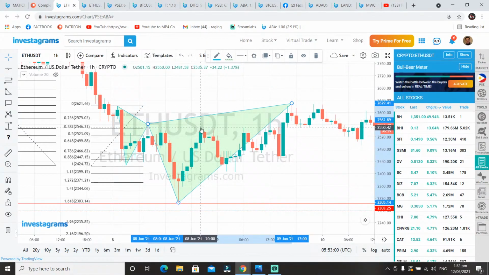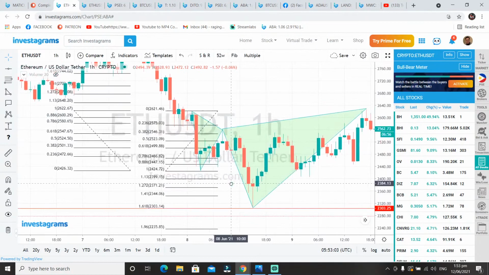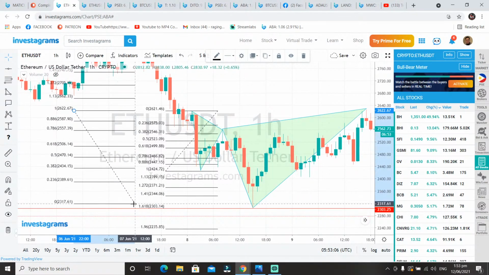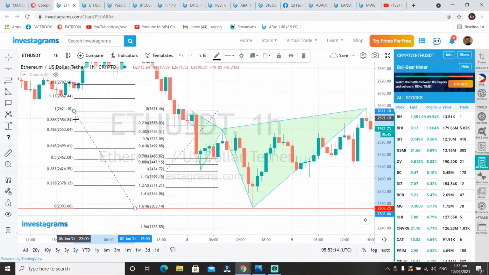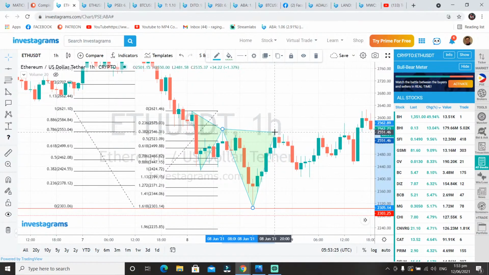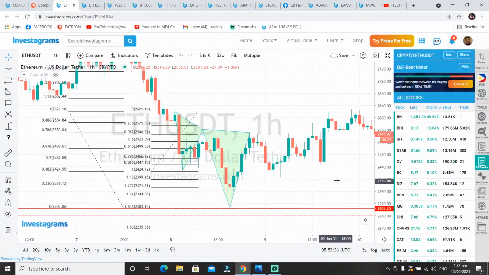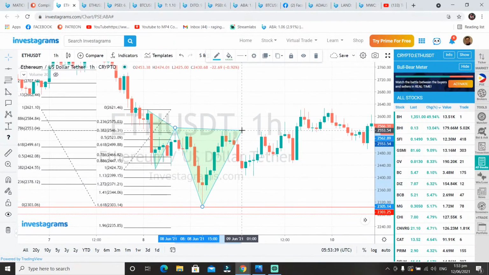Actually, if we're going to check, I'm not sure, but let's check if it already qualifies at this level, at this point. Our level should actually be this level. So it's not yet qualified, right? It's not yet valid for us to say that it already completed the pattern at this level, because it has to reach at least 88% to 113%. Since that's not yet valid, we can move.